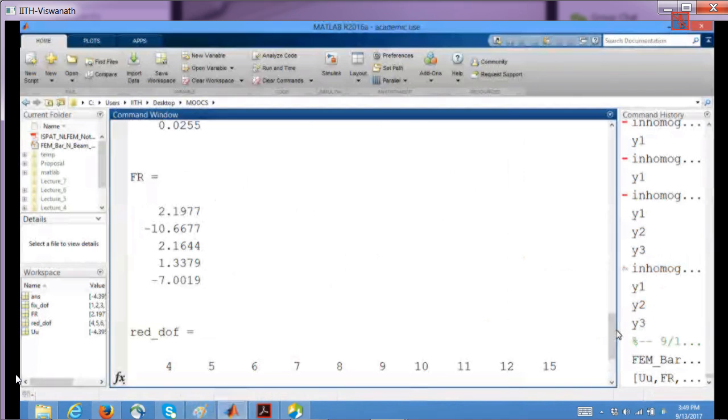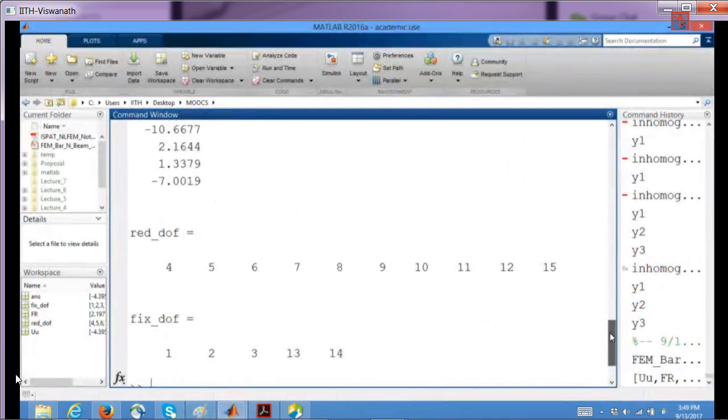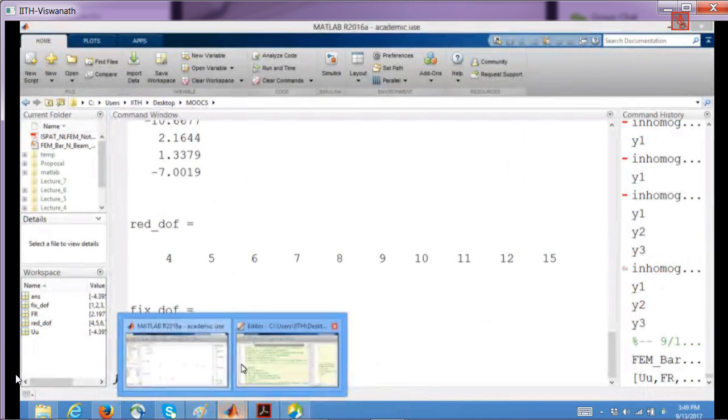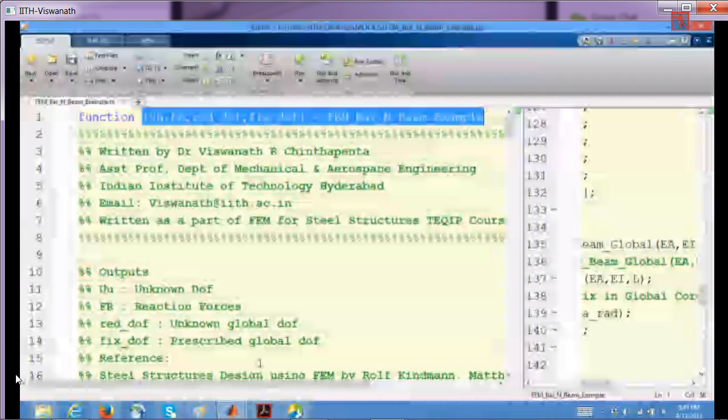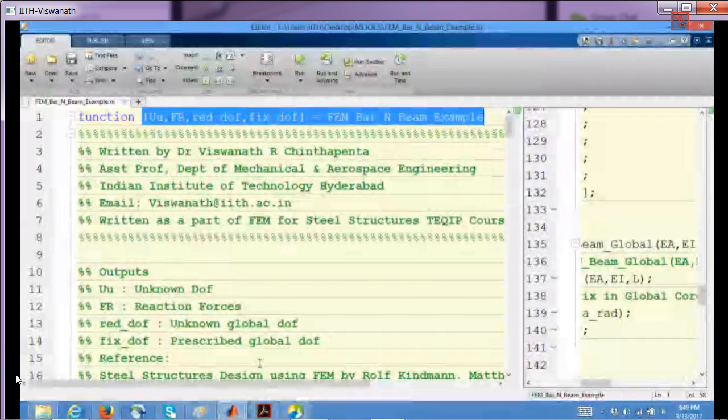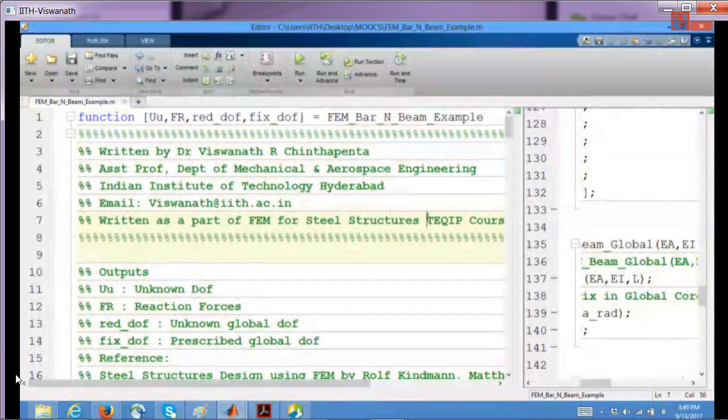So this is a small program to see what I have been telling you over a lot of classes. This covers a basic finite element in the easiest fashion. You can write this code in multiple ways, but I have written it in a very layman-ish form so that everything is apparent as we do it in a class.